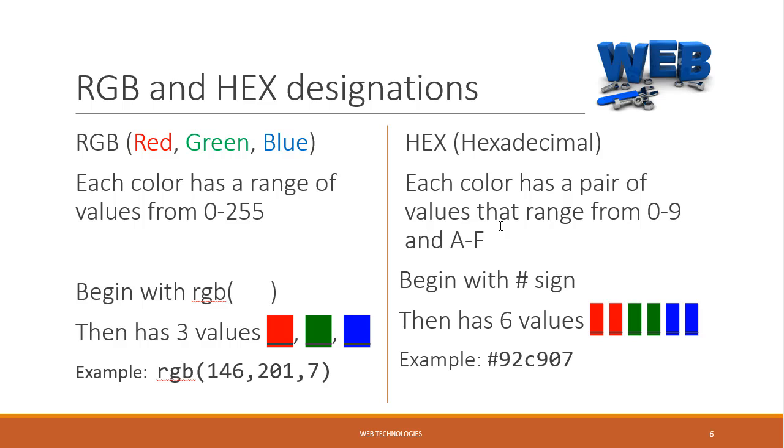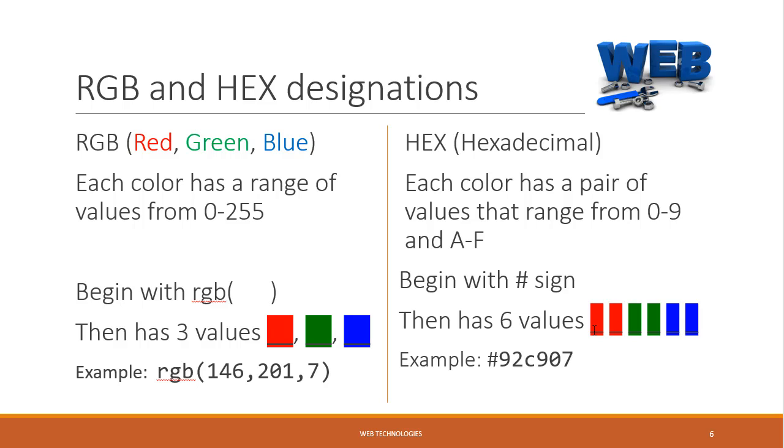Now, hexadecimal has a number value that has 6 positions. You can see right here, all 6 positions. The first 2 numbers or letters, the first 2 positions will be for red, the second 2 will be for green, and the third 2 will be for blue.